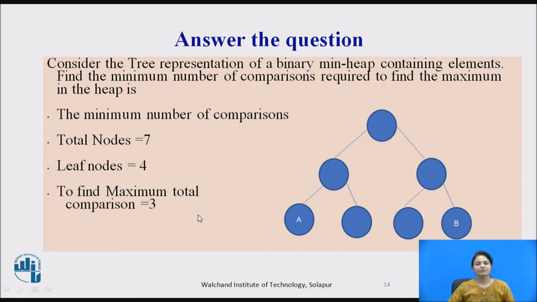If I want to find the maximum number, I have to check the total comparisons. A will be checked against this number, then against this number, and then against this number. With 3 comparisons I get the answer to find the maximum number. So the total comparisons here is 3.